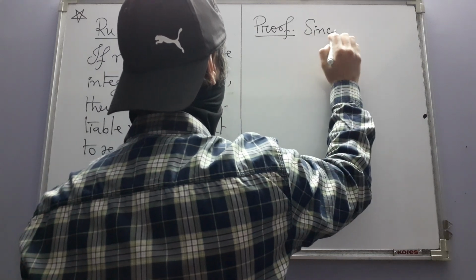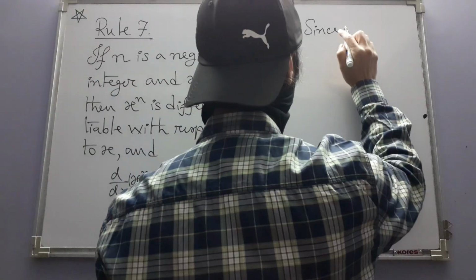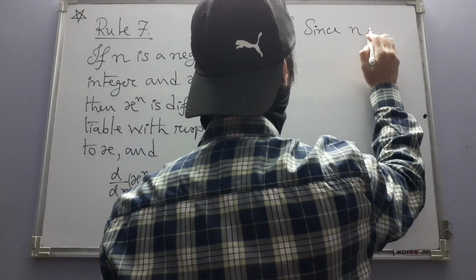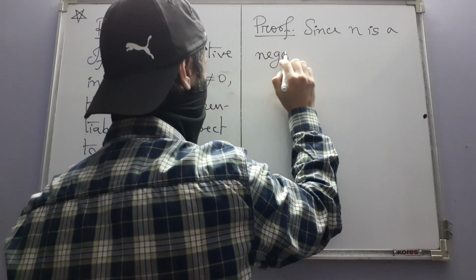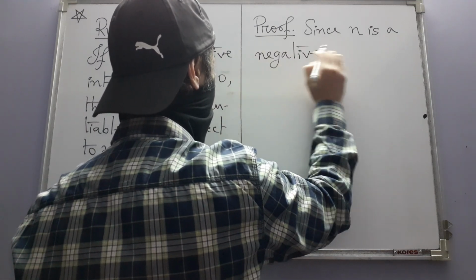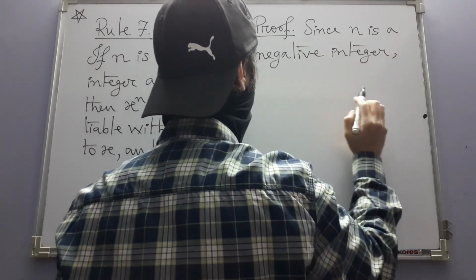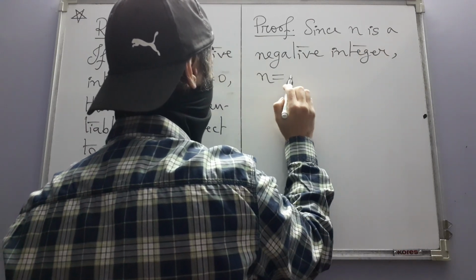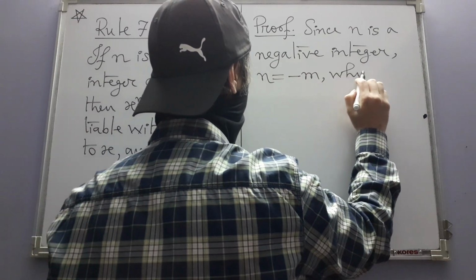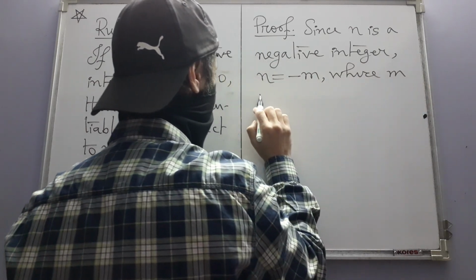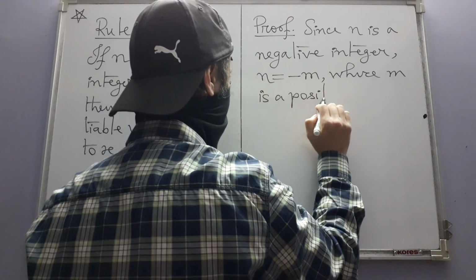In the proof, we will use the quotient rule of differentiation. Since n is a negative integer, n is equal to minus m, where m is a positive integer.